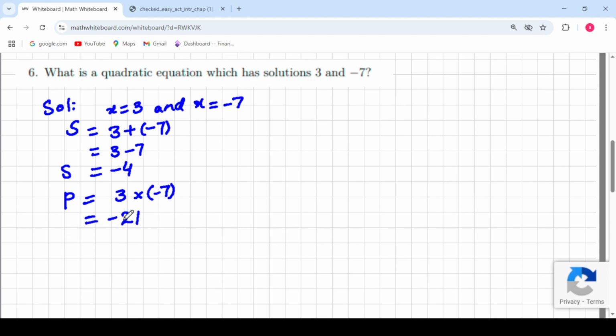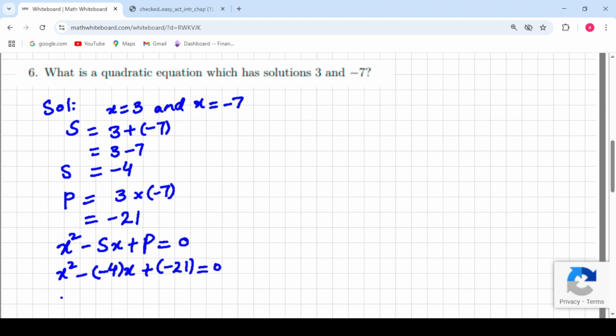So to find the equation from the solution, you should remember this equation: x square minus sx plus p equal to 0. Here s is the sum of the solutions, p is the product of the solutions. So x square minus s, we will put the value of s, which is minus 4, x as it is, and plus in place of p we have the product of the solutions, which is minus 21, equal to 0.